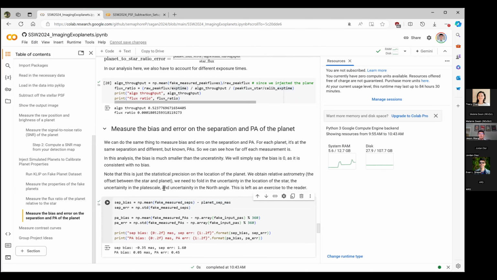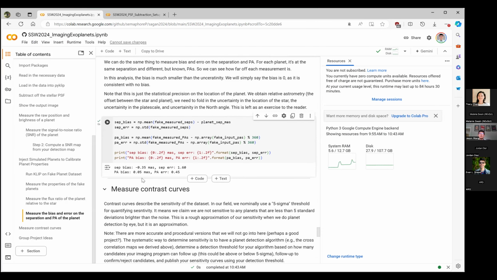And we can do both of these. And you can see that we've measured a bias of negative 0.35 milliarcseconds and a PA bias of 0.05. Oops, I should fix this. This is actually a typo. It should be degrees. So I'll go fix that in the notebook after this.